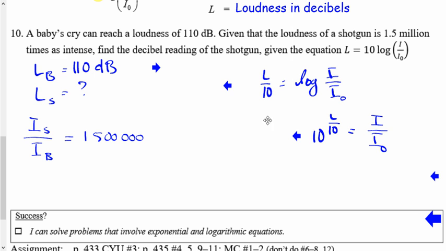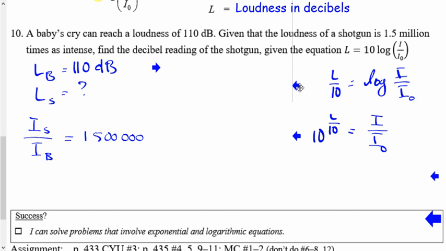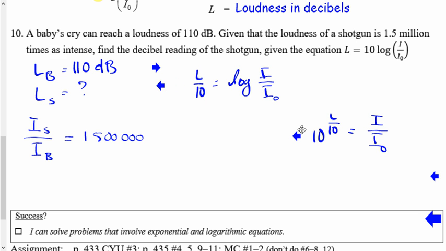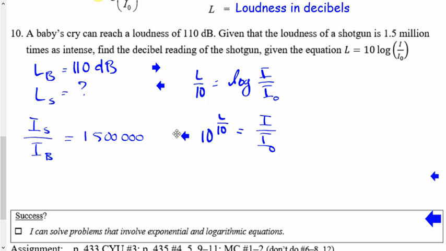Okay, so now as I switch to exponential form, my base from here is 10. So that's why my base in my exponential expression is 10. The logarithm is the exponent. So there's my exponent of L over 10, and that's equal to this ratio of intensities.